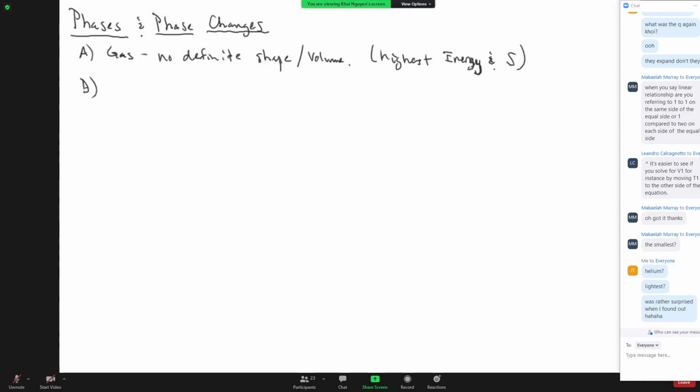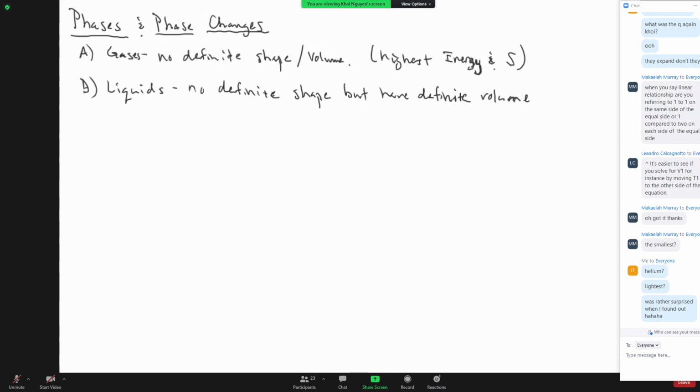Next, in terms of order, are your liquids. Liquids have no definite shape, but have definite volume. And they usually mold themselves to the volume of whatever the container is.